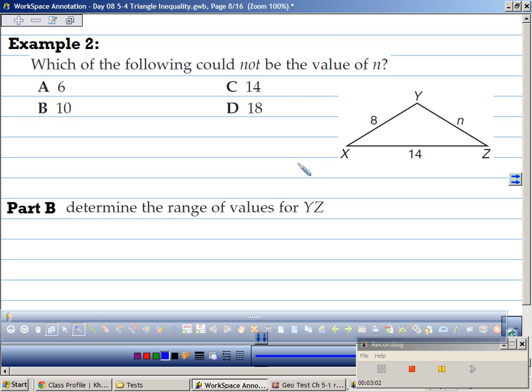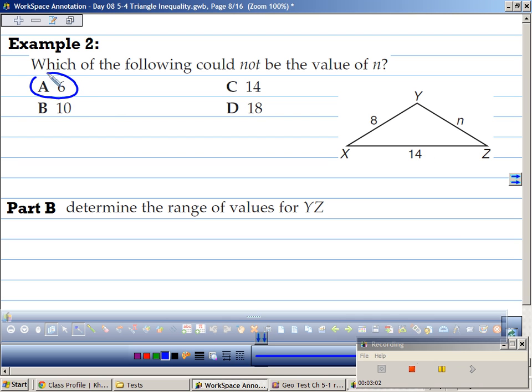Let's examine. So what do we talk about? It has to be greater. So 8 plus 14 has to be greater than this number. And this number and this number must be greater than this side. Right?